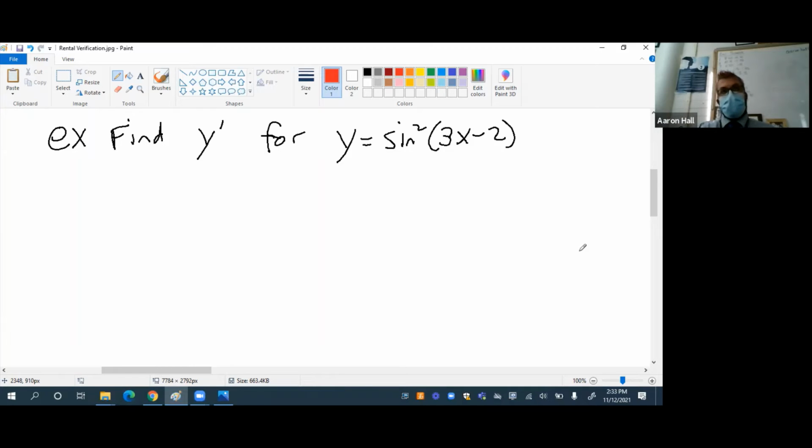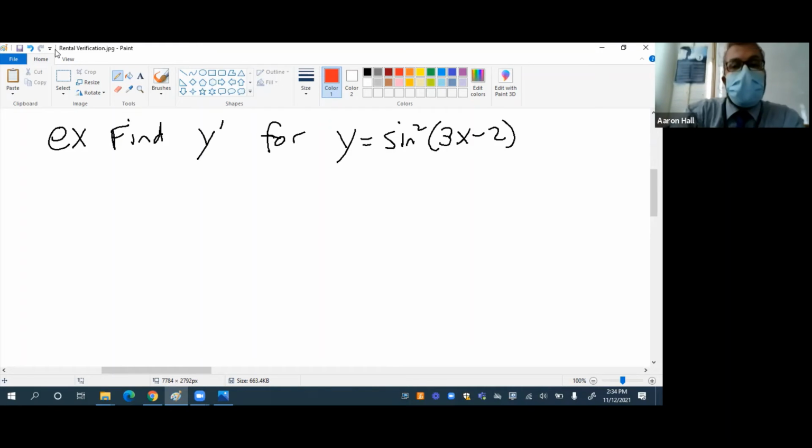Do you see a function inside of a function inside of another function?